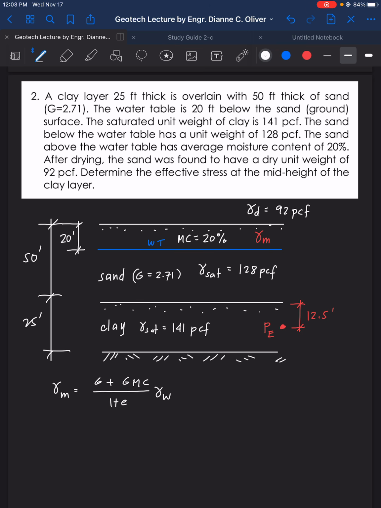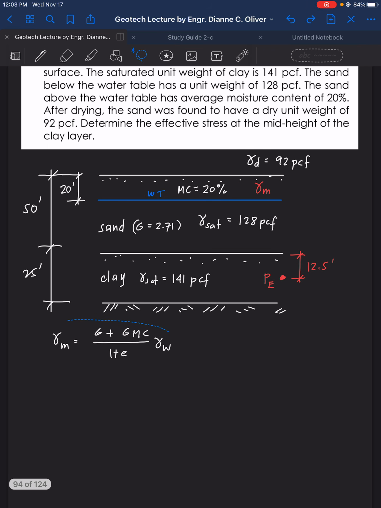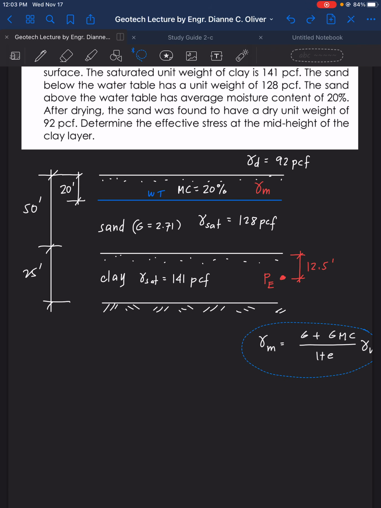But the problem here is we don't have the value for E. So we need to solve for E first. So let's set this aside. Okay, so let's solve for E, the void ratio, first.